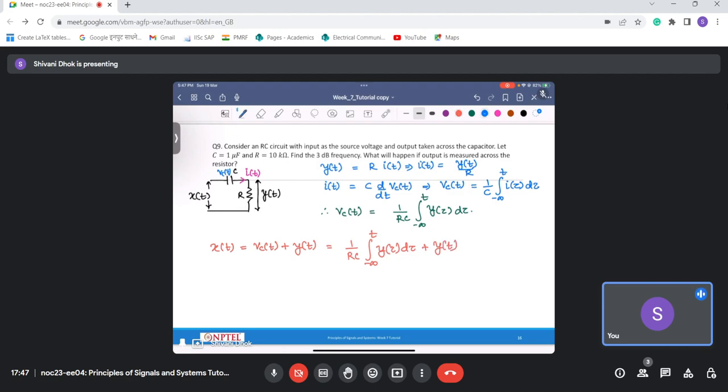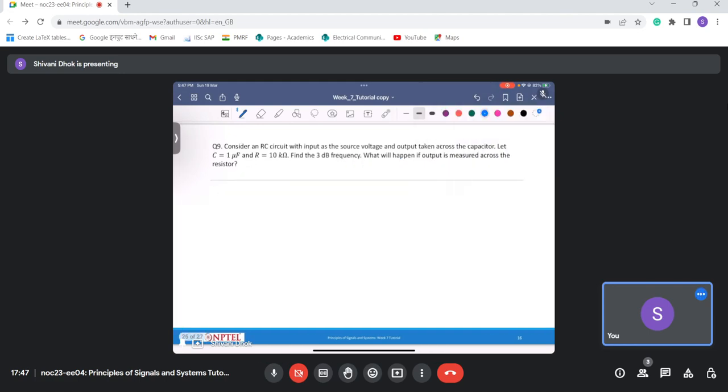Now if I differentiate it, this comes out to be d/dt of x(t), which is equal to 1 by RC y(t) plus d/dt of y(t).